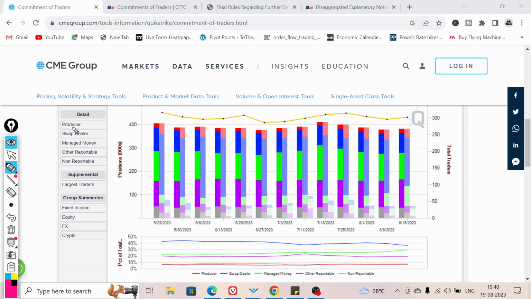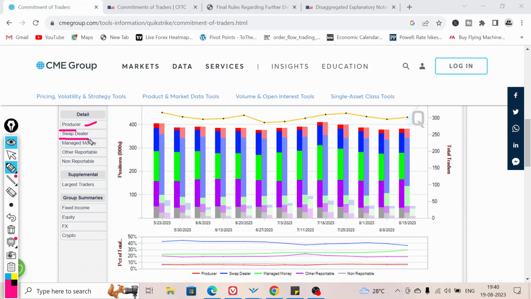The first one is the producer, this one right over here. The producers are those who deal in the production of gold. This is quite easy to understand, because producers are those who are producing gold from the gold mine or other sources.